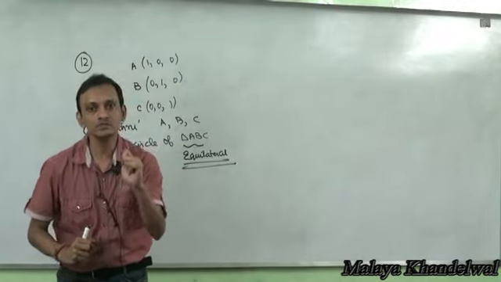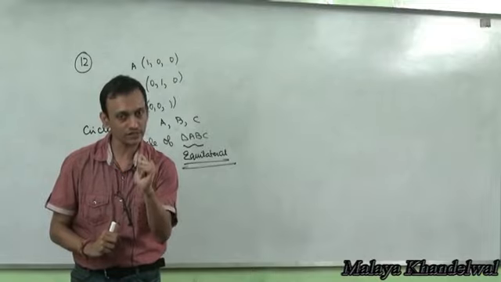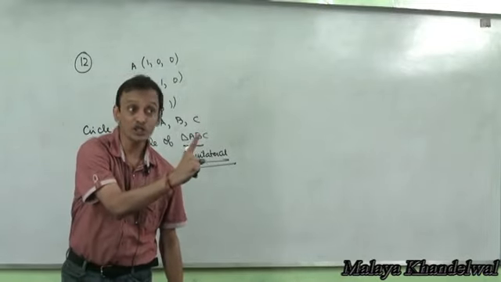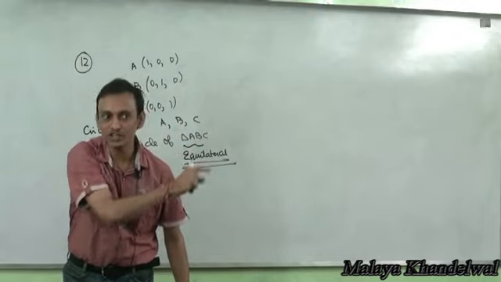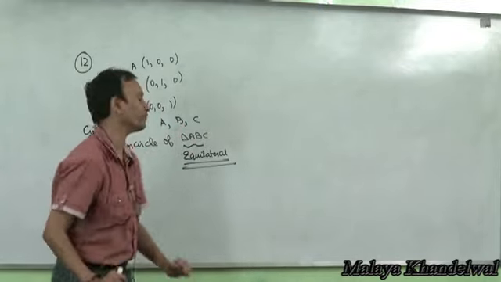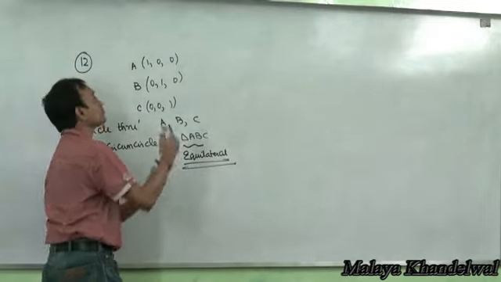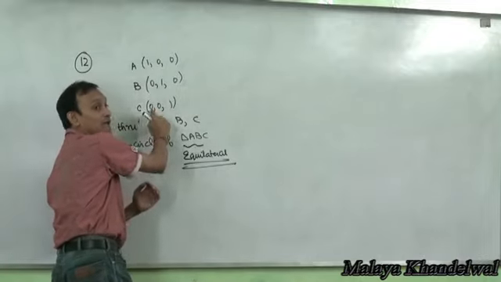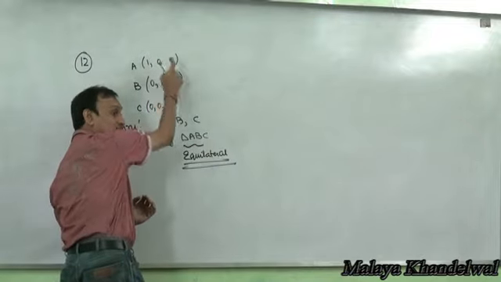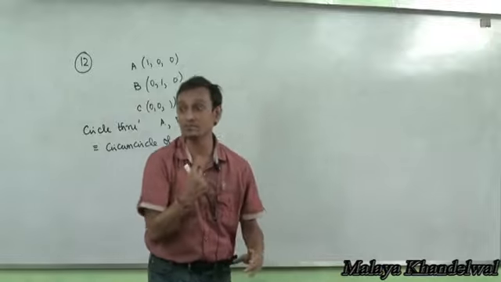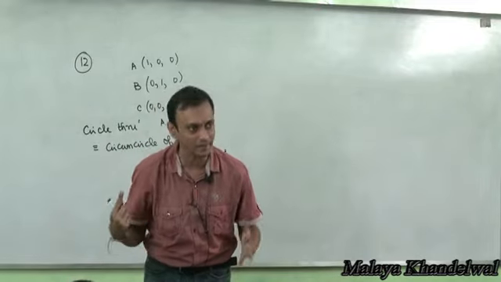The circumcenter of the equilateral triangle will coincide with its centroid. Yes or no? So now, the centroid therefore, which is easy to find, is (x1 plus x2 plus x3) by 3, (y1 plus y2 plus y3) by 3, (z1 plus z2 plus z3) by 3. That's going to be the centroid as well as the circumcenter, the center of the circle circumscribing the triangle ABC.